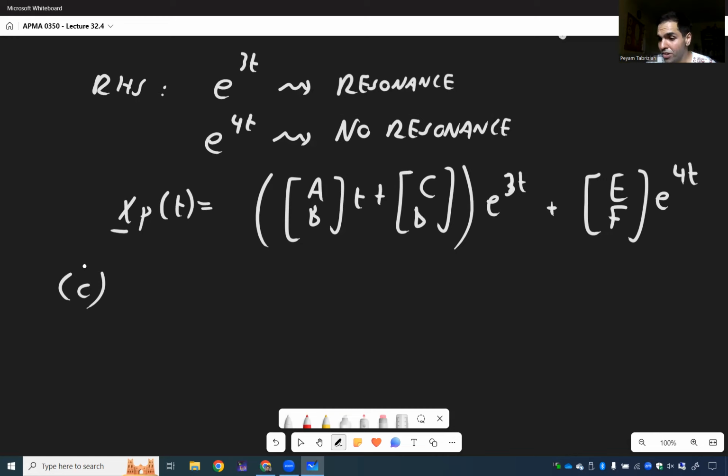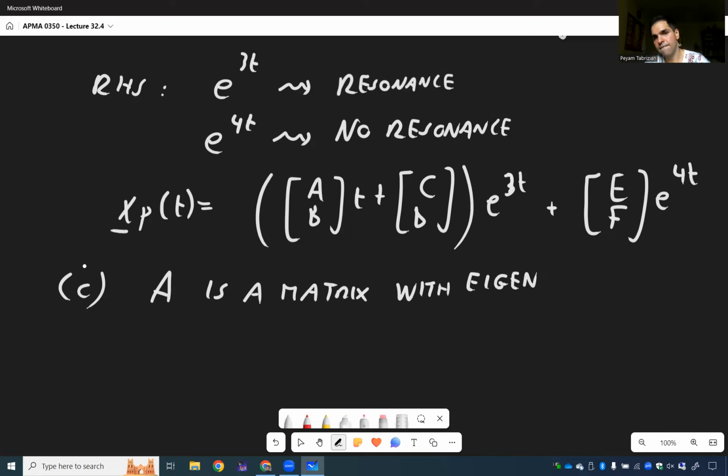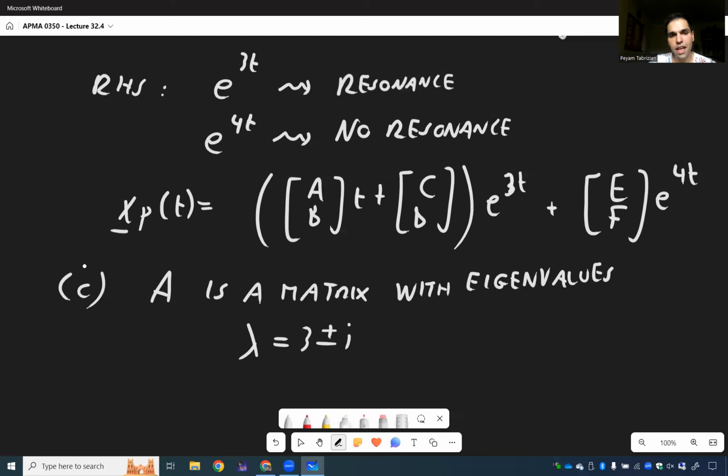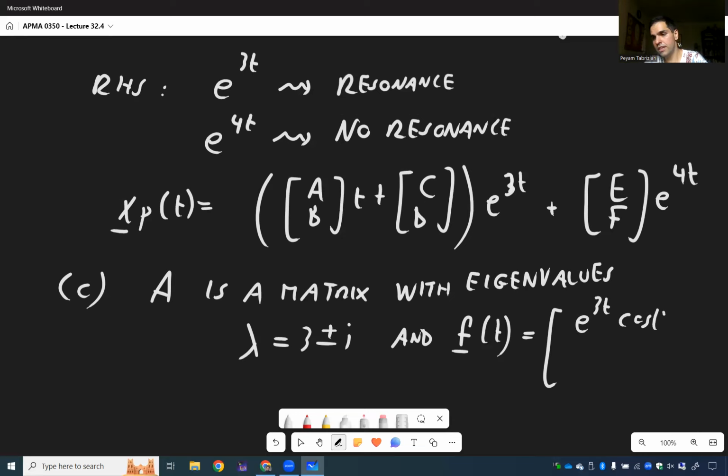Okay, moving on. So let's now do a couple of complex things. So A is a different matrix with eigenvalues lambda equals 3 plus or minus i, and in this case, f of t is e to the 3t cosine of t and 2e to the 3t sine of t.